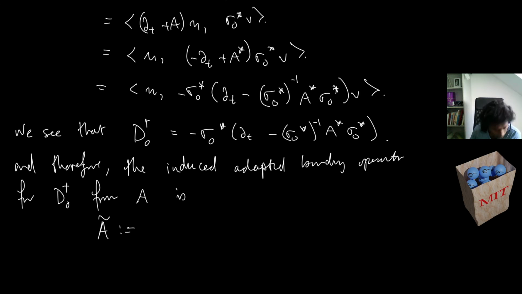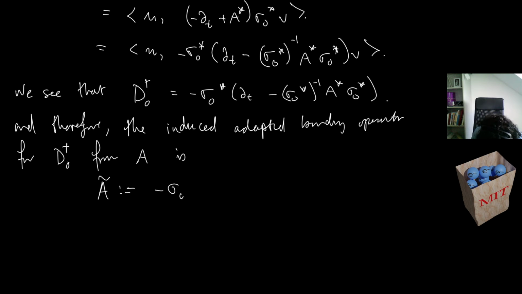So for the moment, let's talk about this A tilde. This is negative of this thing, sigma naught star inverse A star sigma naught star. Okay, so this is the adapted operator.